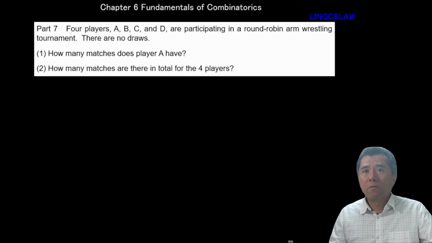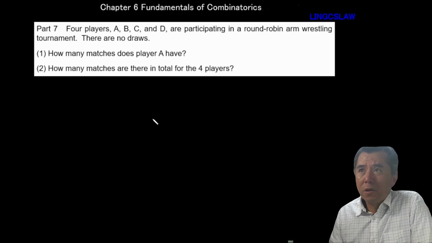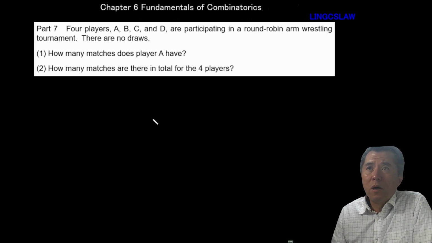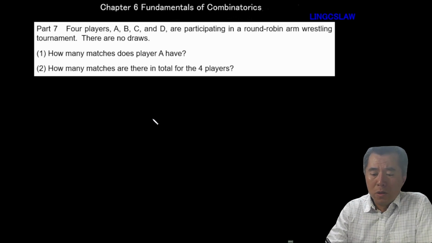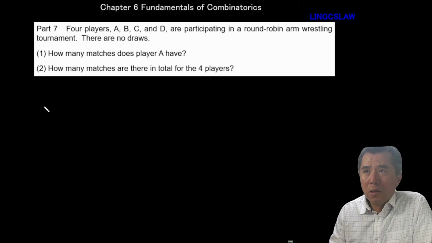Okay, part 7. 4 players A, B, C, and D are participating in a round-robin arm wrestling tournament. There are no draws. Number 1. How many matches does player A have?